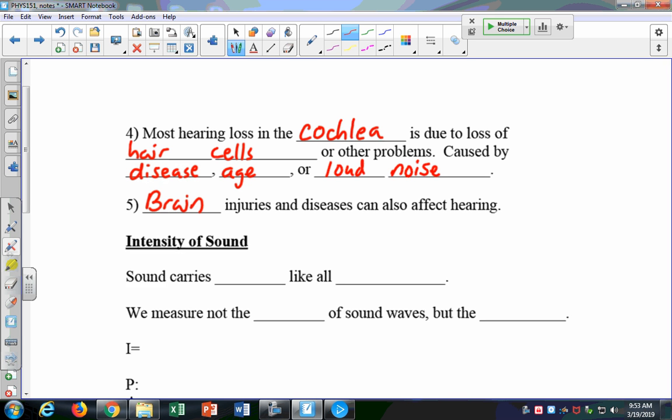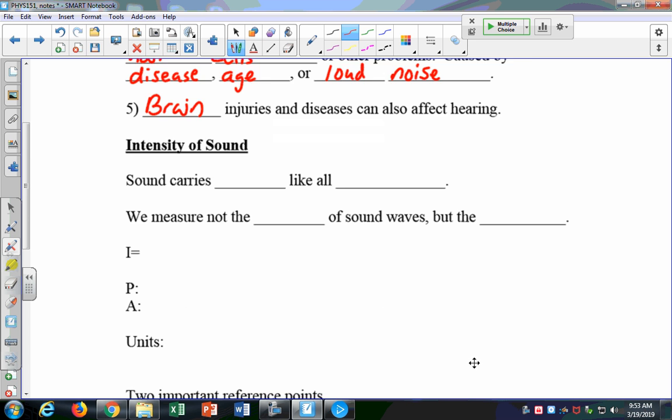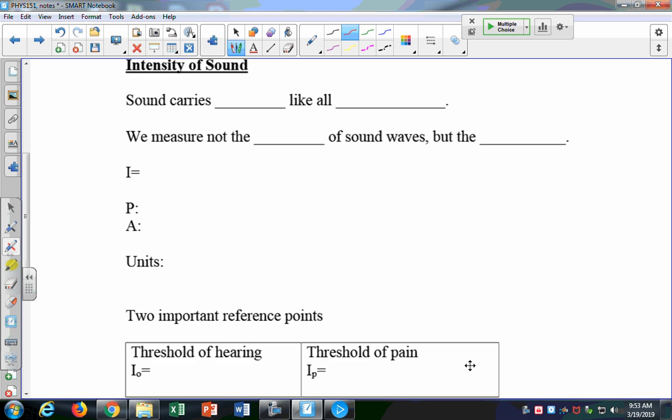All right. Let's look at the intensity of sound. You will have some questions about the intensity, but as I said, I didn't put it on the quiz because I just wanted to show you how it works. Sound carries energy, like all waves. And we don't measure the energy of sound waves, however.